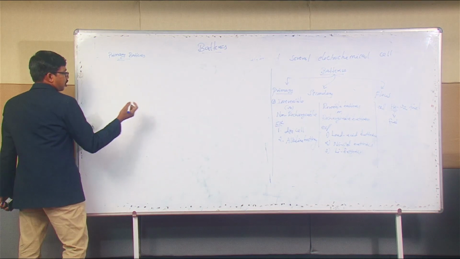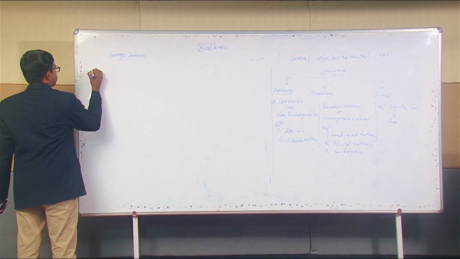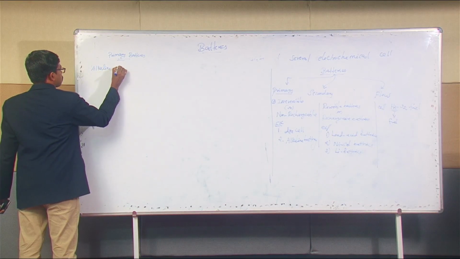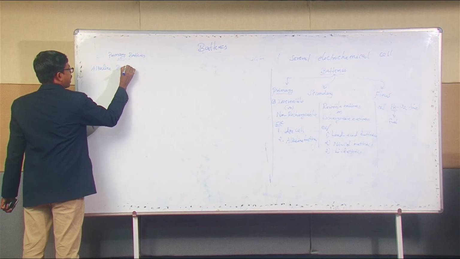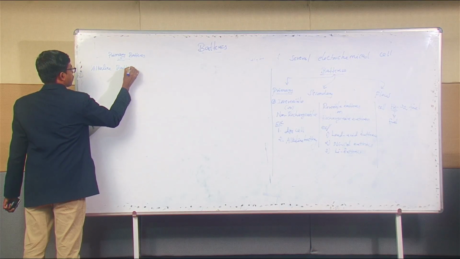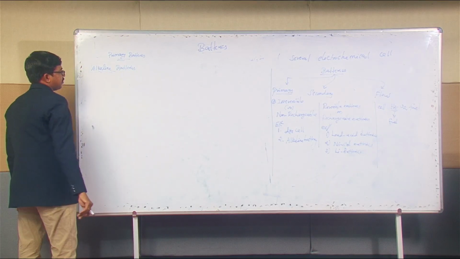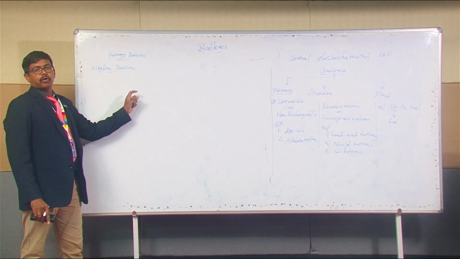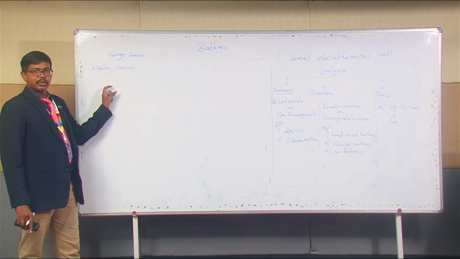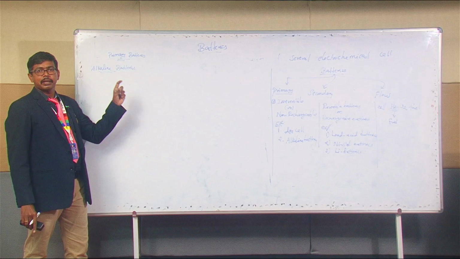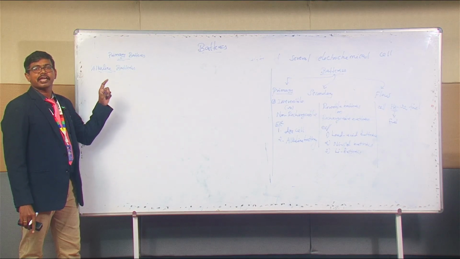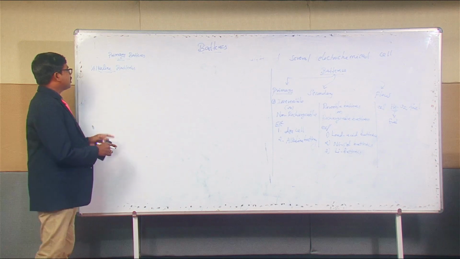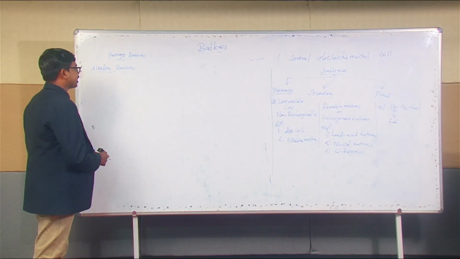We'll discuss the alkaline battery, which is the more commonly used battery nowadays. Previously, we used the dry cell, which uses ammonium chloride as the electrolyte. But we can replace ammonium chloride with KOH, which is widely used in alkaline batteries as an electrolyte.